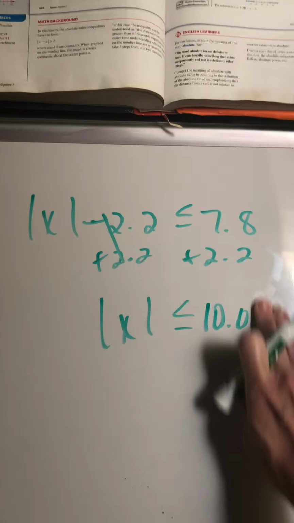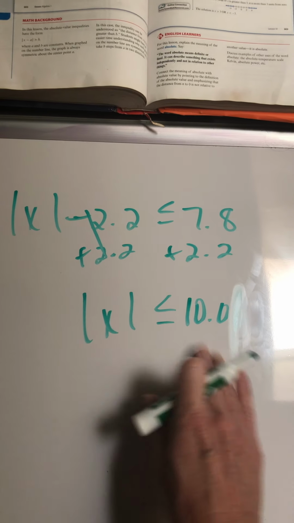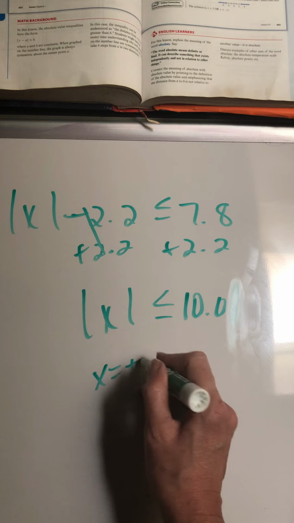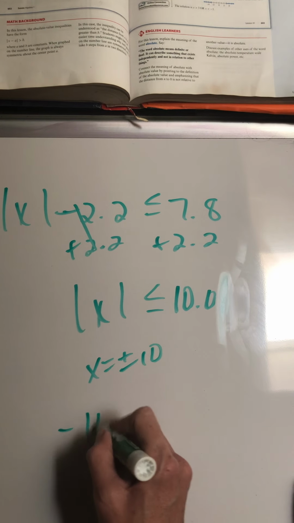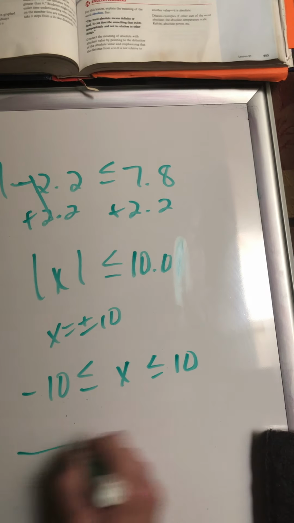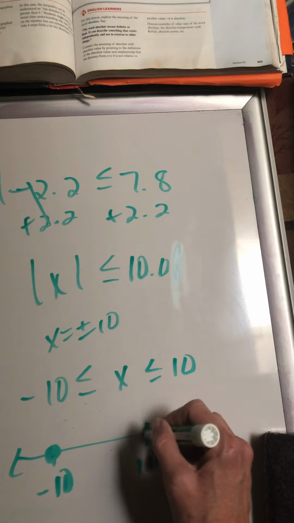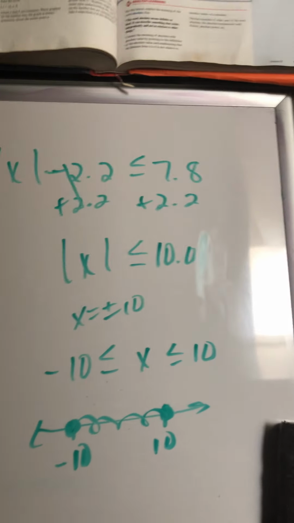Or 10.0, or you can just put 10. Again, it's a conjunction because it's absolute value less than, so my two numbers are plus or minus 10. So I write my answer as a conjunction because that's what happens here. So there's my conjunction, and then here's graphing it. Closed circles because there's equal to bars, and you're shading in between because it's a conjunction.